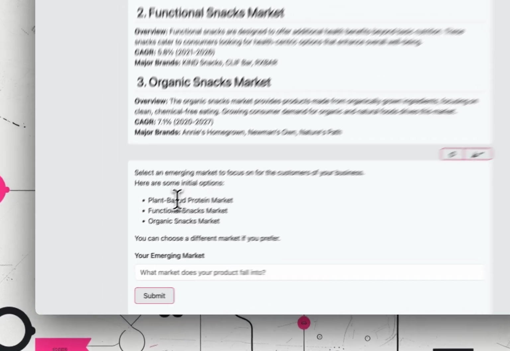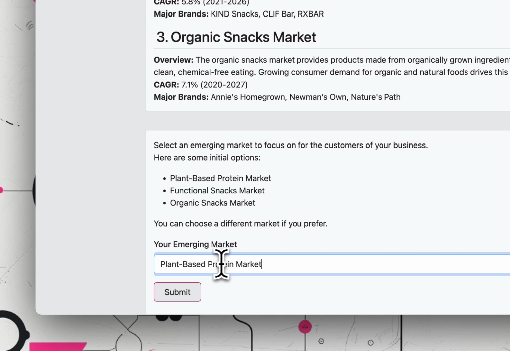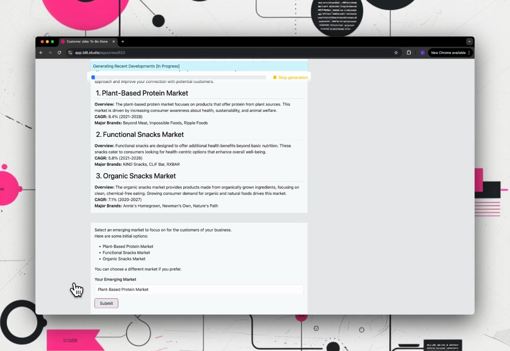So let's say I'm going to focus on plant protein market here. And before we dive into the customer insights, it's really important to understand that my product is not the only new technology in the space.